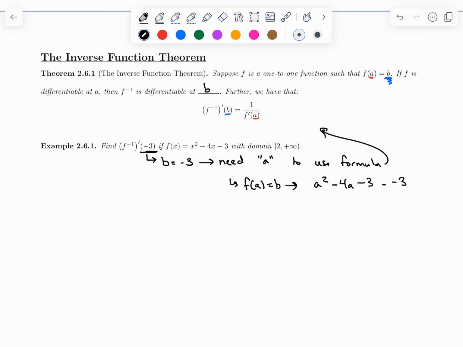So that will be a squared minus 4a is equal to 0. That gives us a times a minus 4 is equal to 0. That gives us a equals 0 and 4. Oh no, we have two a values. Which one? Remember, a is an x value.